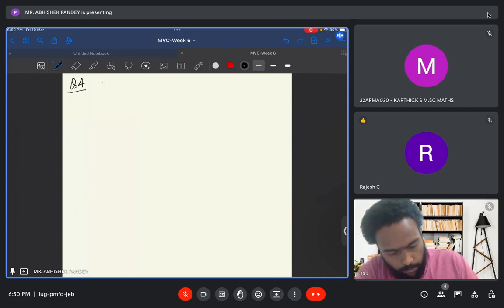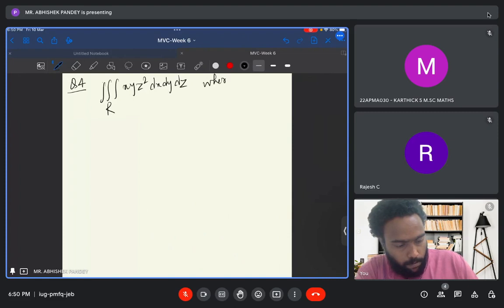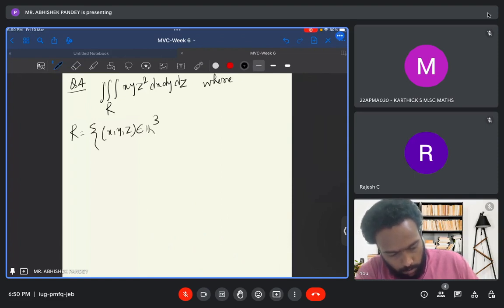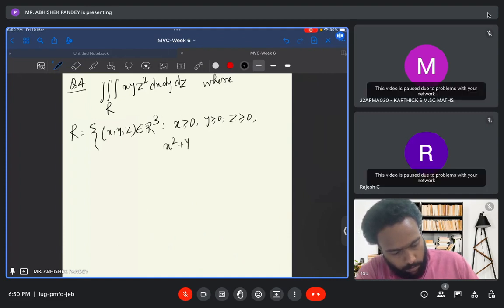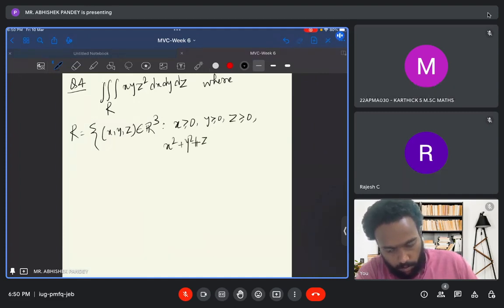We need to find the value of the triple integral over R of x y z square dx dy dz, where R is nothing but x, y, z belongs to R3, such that x is non-negative, y is non-negative, z is non-negative, and x square plus y square plus z square is less than or equals to 3. Again we will use the Dirichlet integral theorem.